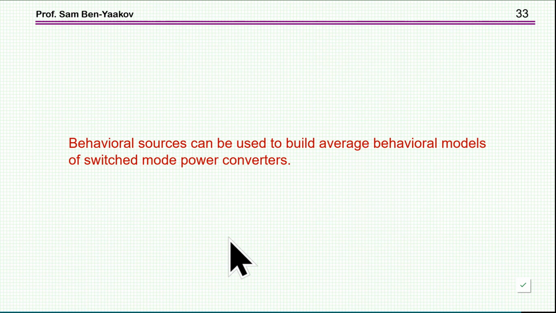Now this is very useful when developing average behavioral models of switch mode power converters, and as I have said, if you look up my YouTube channel, you'll find a number of videos on this subject, and you'll see that these behavioral models play a major role there. And since we have this capability of SPICE to do linearization, it can run both the large signal transient and also the AC analysis.